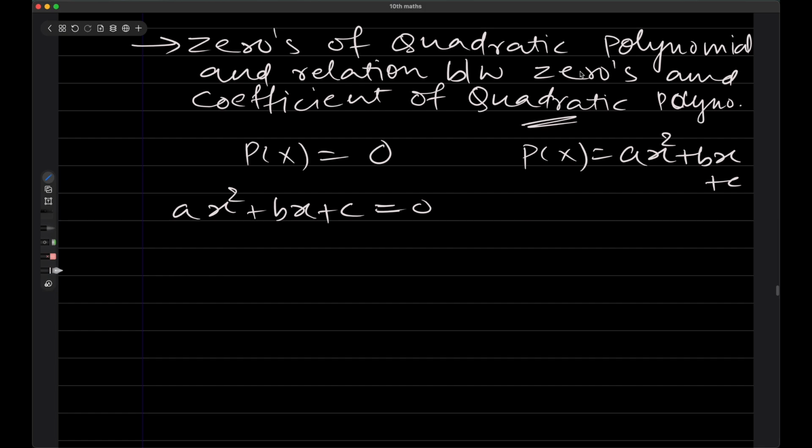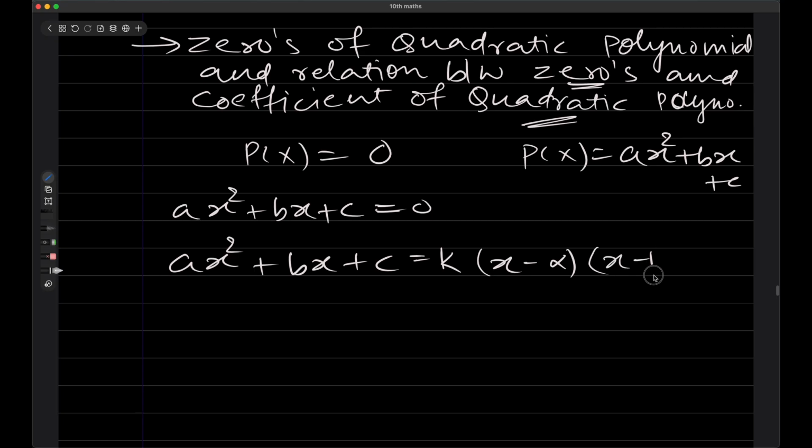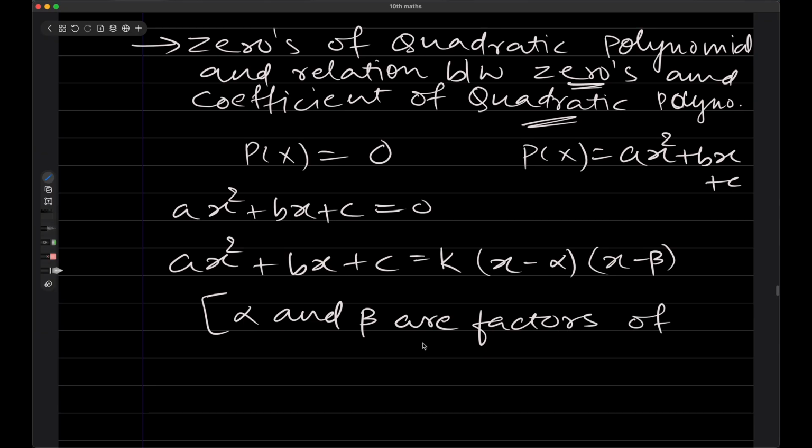Now we have to find the zeros of the polynomial. I can put ax square plus bx plus c equals some constant k into bracket x minus alpha into x minus beta, where alpha and beta are factors of the quadratic polynomial.